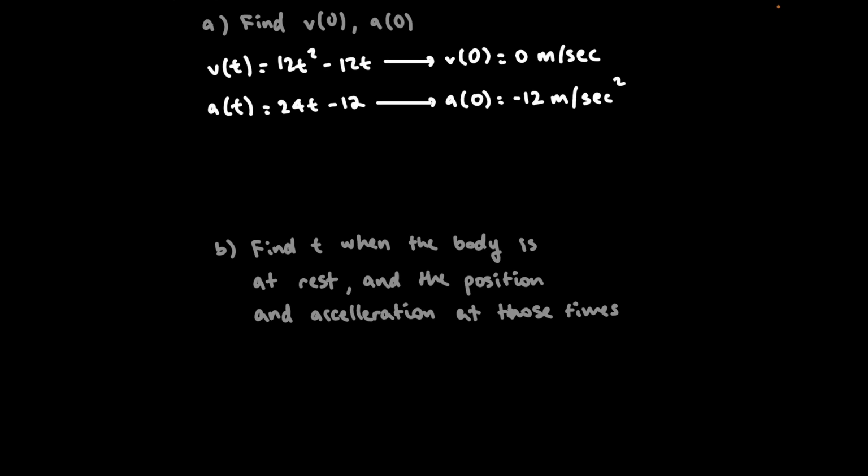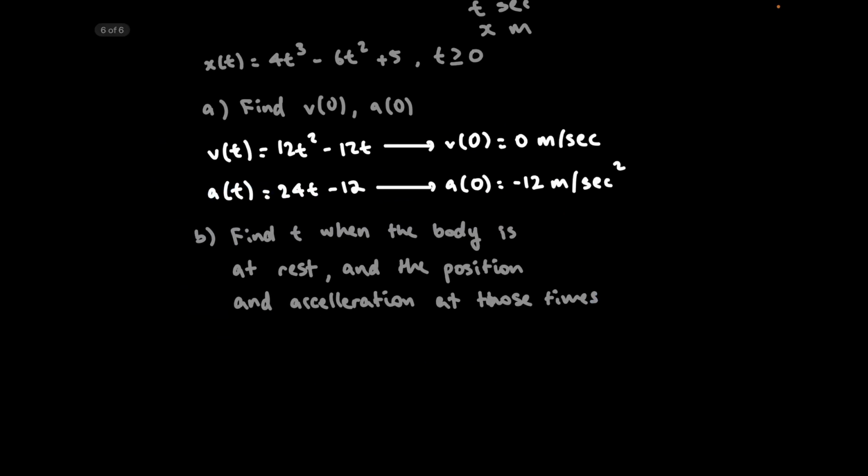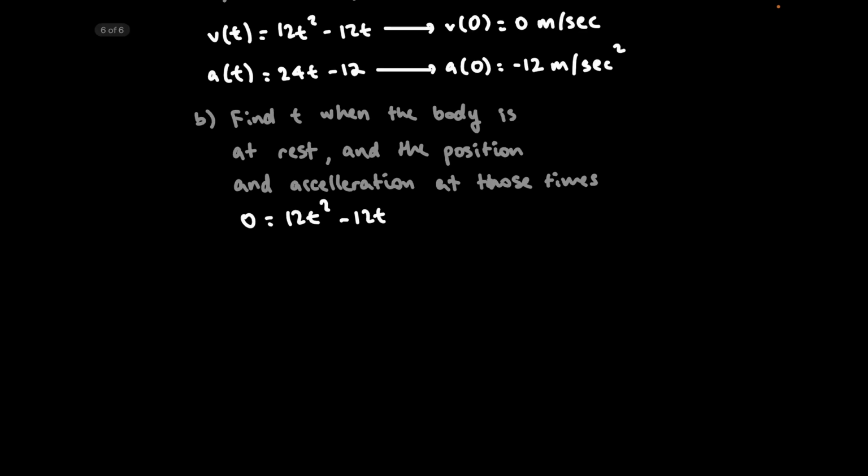Now part B says, find the values of time for when the body is at rest. So the body is at rest when the velocity is equal to 0, so when v of t equals 0. So we're simply going to let this equation equal 0 and solve for the value of t. So 12t squared take 12t.